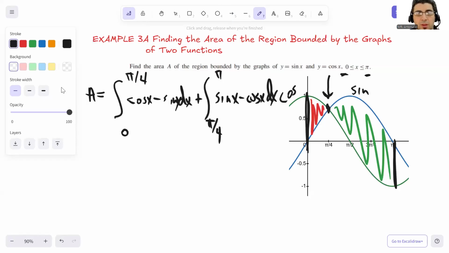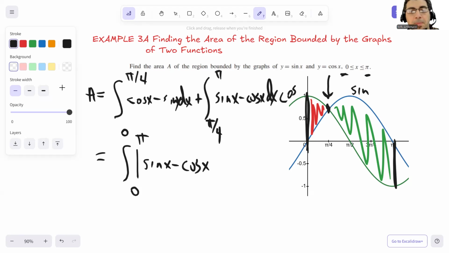Another way that you can actually do this one, and it's going to be a lot easier for Desmos, is thinking about what's going on here. You're getting the area of the region between the two graphs. So you could actually do it on the whole interval from 0 to pi if you did the absolute value of sine x minus cosine x. Since sine x is on the top for this region, it's going to end up being counted positive.